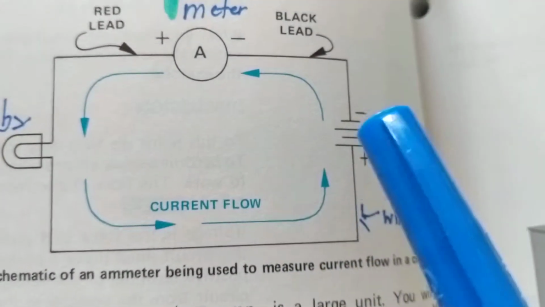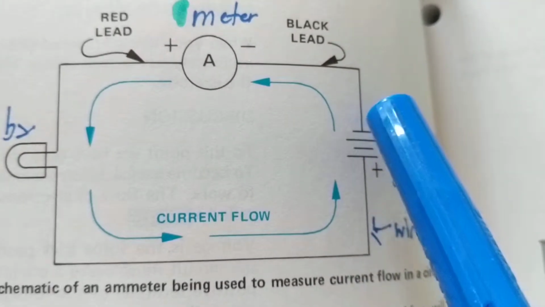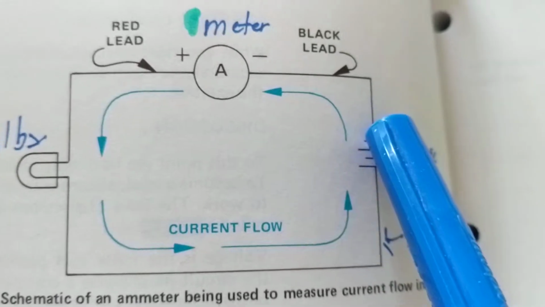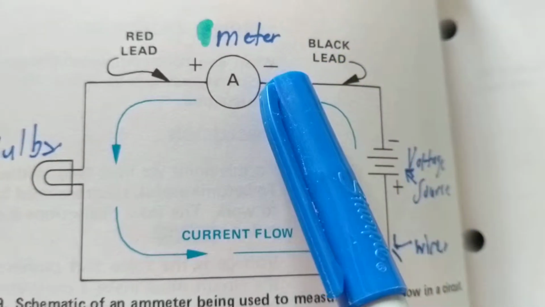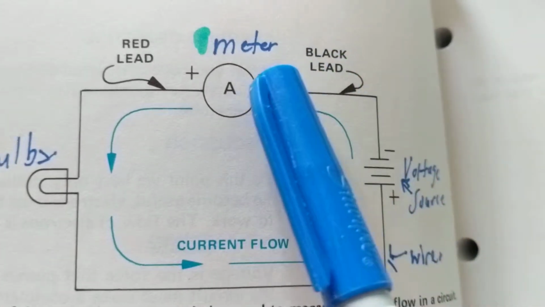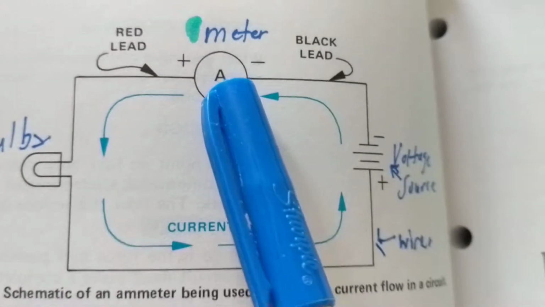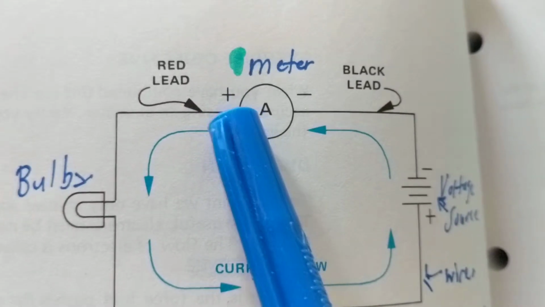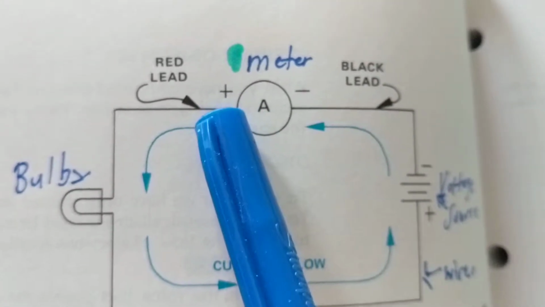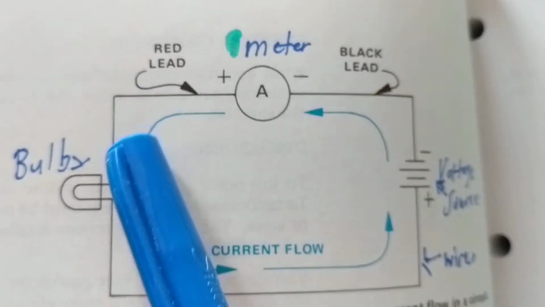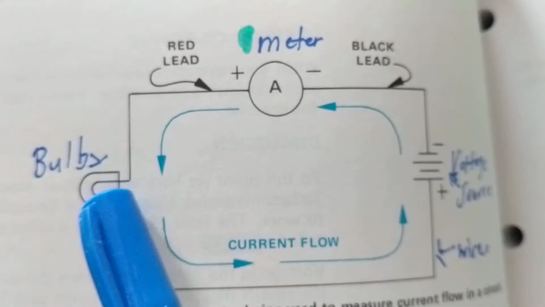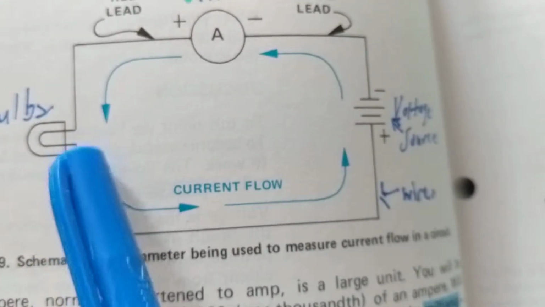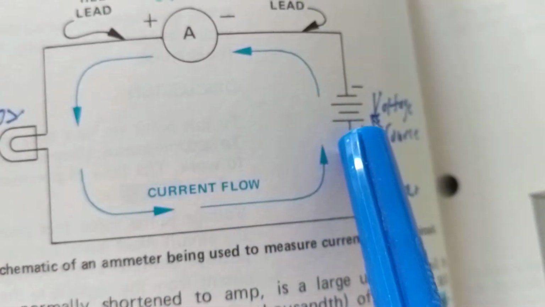So therefore, as you see over here, current will flow from the minus plate of the battery or the power source through the wires to the minus, the black lead of this ammeter, to the positive side of the ammeter, coming out to one side of the bulb, make it glow, make it light. The other side, the current will flow back to the battery.